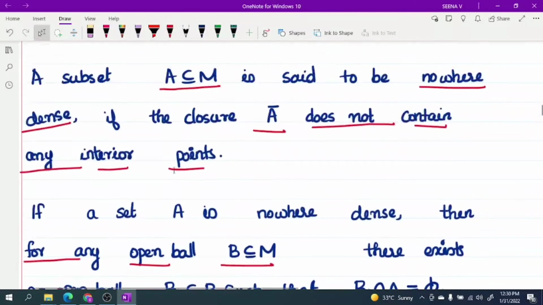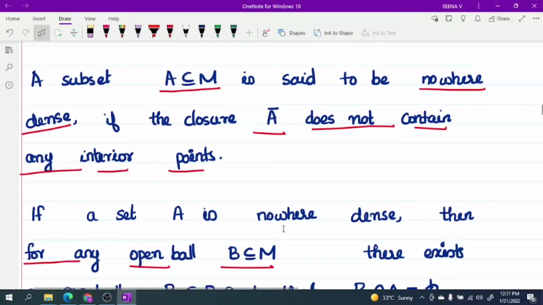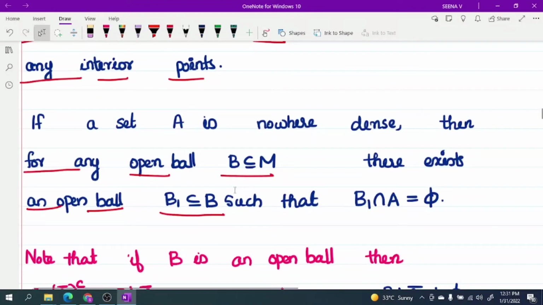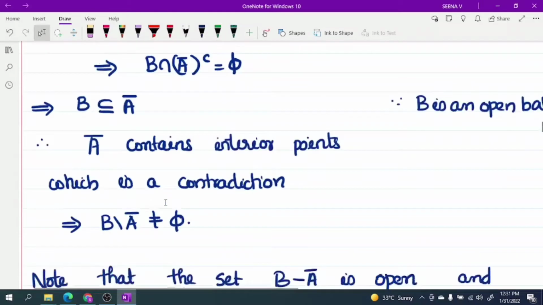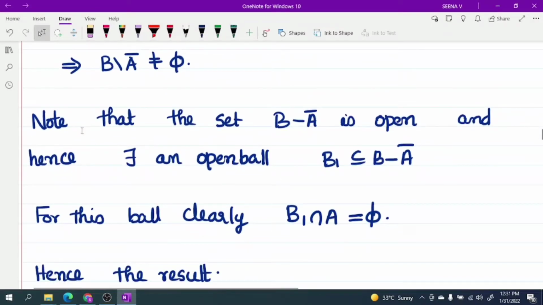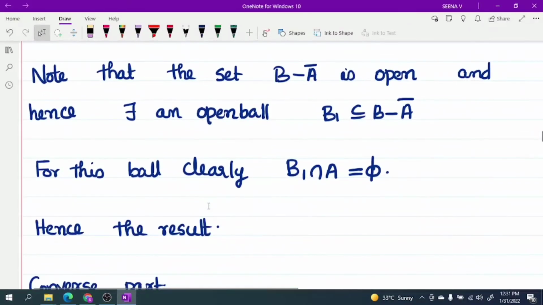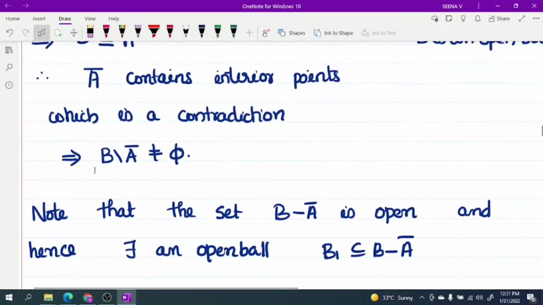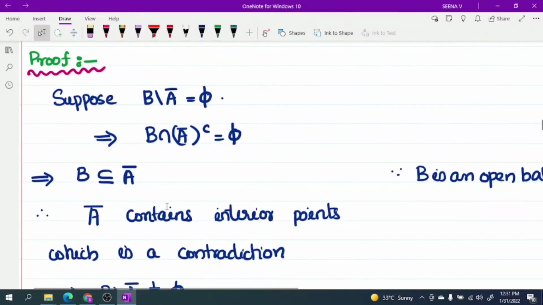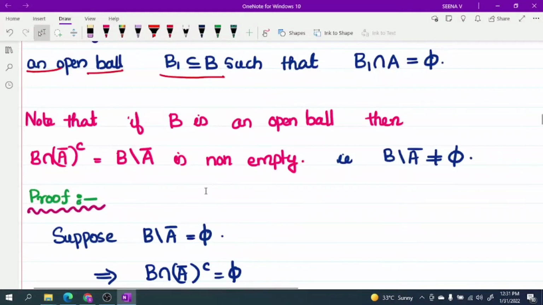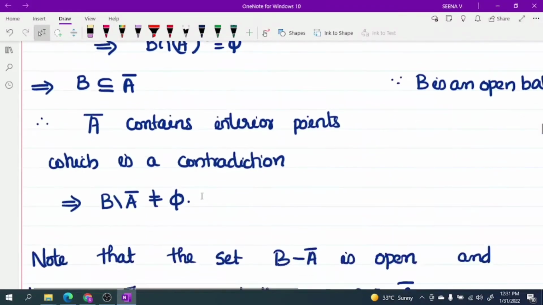Now what we have to prove? We have to prove if A is nowhere dense, then for any open ball B subset of M, there exists an open ball B1 subset of M such that B1 intersection A equal to empty. That is what we have to prove. Note that B minus A bar is open, and there exists an open ball B1 contained in B minus A bar, because B minus A bar is not equal to empty.